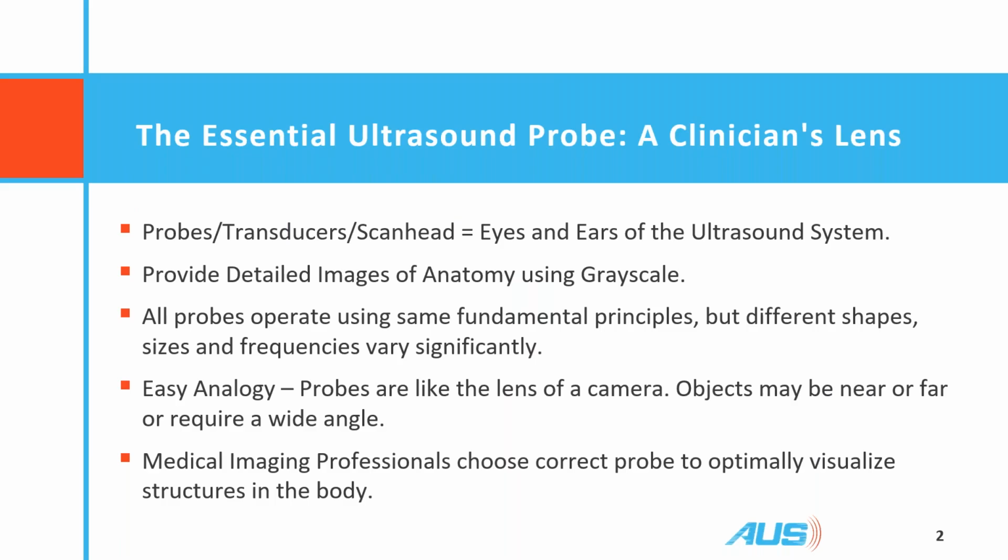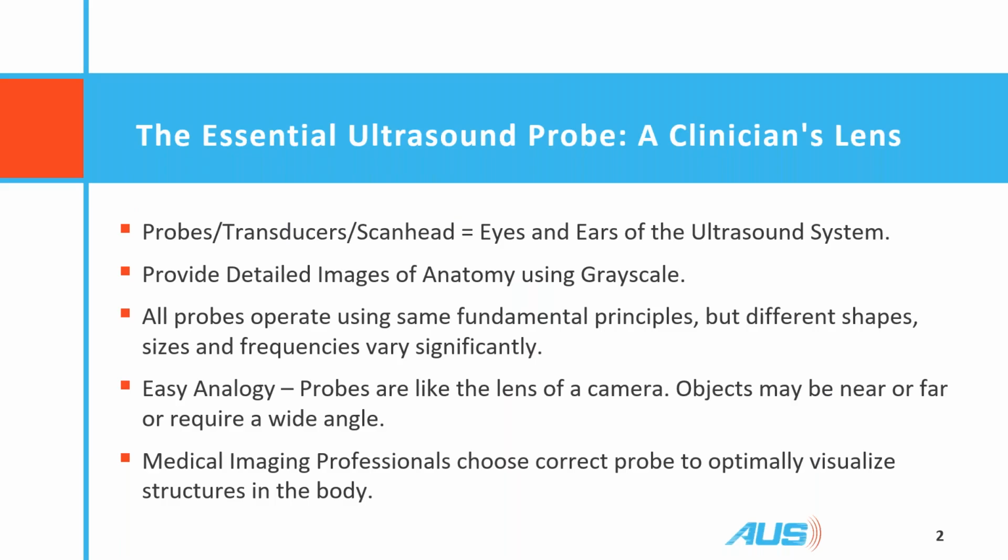You can be looking in the near field or the far field. You may require a wide angle. You may want the background to be very clear as well as the foreground, so you can change what we call the aperture, if you will, or the focal zone in ultrasound terminology.